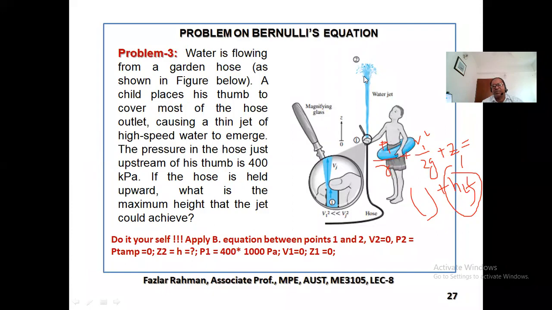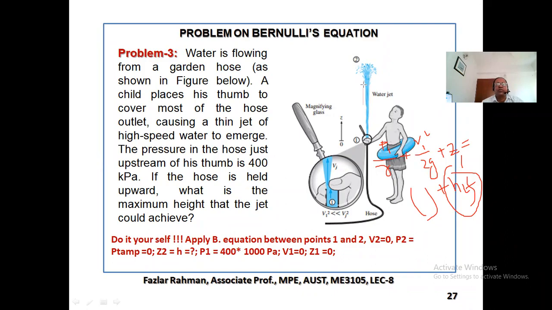Like this one. The air or water is releasing into the atmosphere, so there is not that much frictional loss. There will only be frictional loss due to the collision between the air and the water particles at the side, right? Because water is flowing in the upward direction and it has to move through the air. The air has a certain viscosity, but this will be minimal.